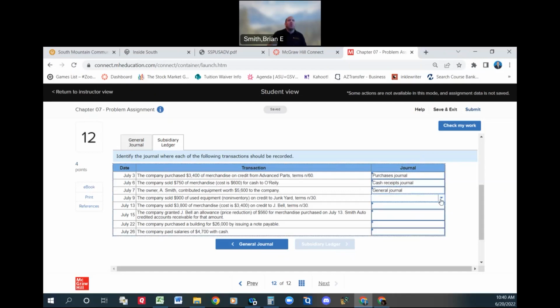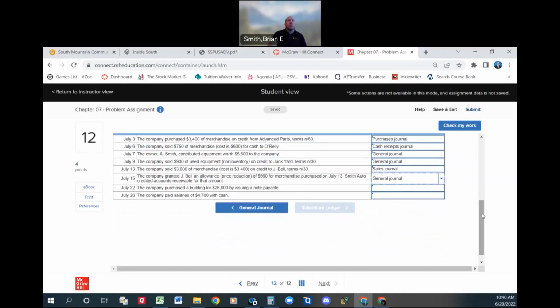We know this one goes to the general journal because we just did those. Company sold, sales journal because it's on credit. Company granted J. Bell allowance. Okay, that's general journal. Company purchased a building, issuing a note, general journal. And the last one, the company paid salaries of $4,700 with cash, cash payments journal.